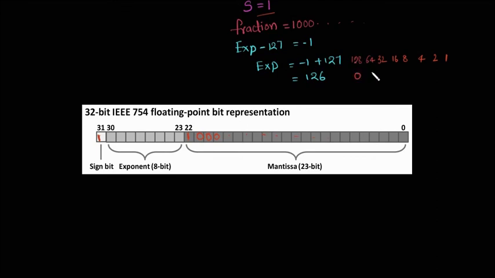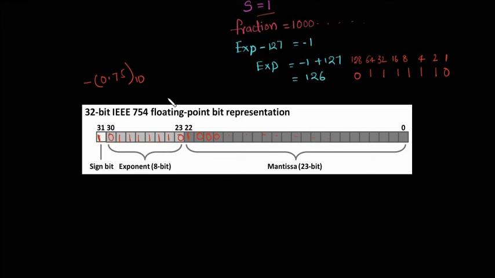This is 0, this is 1, 1, 1, 1, 1, 1, 0. This is the exponent value. We write it here: 0, 1, 1, 1, 1, 1, 1, 0. So this is the desired value that can be stored in the computer memory for minus 0.75 base 10. This is the equivalent IEEE floating point number representation.